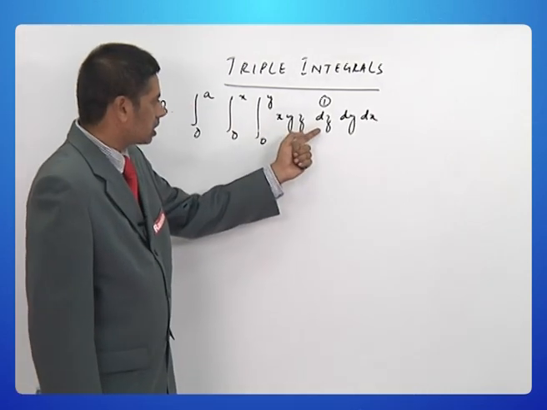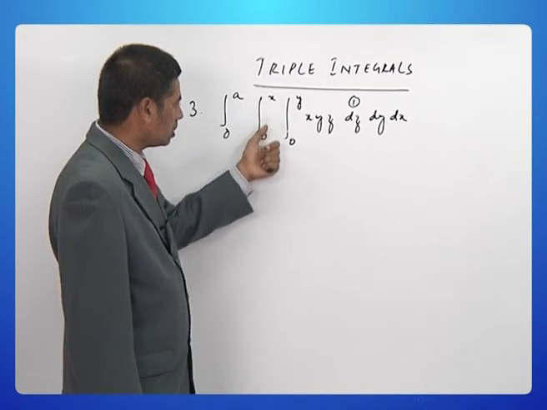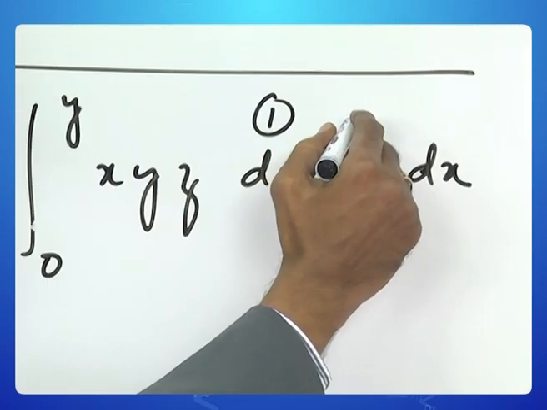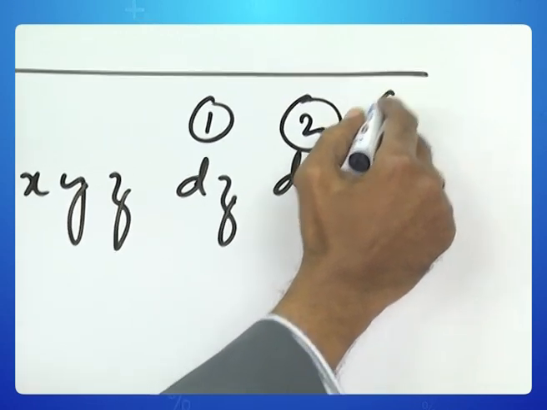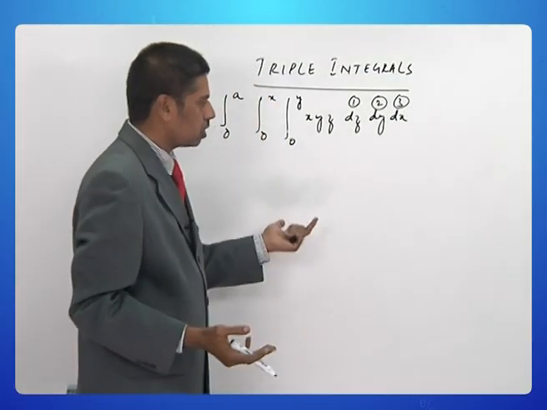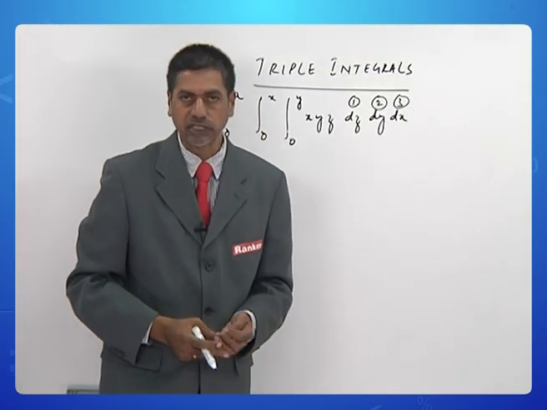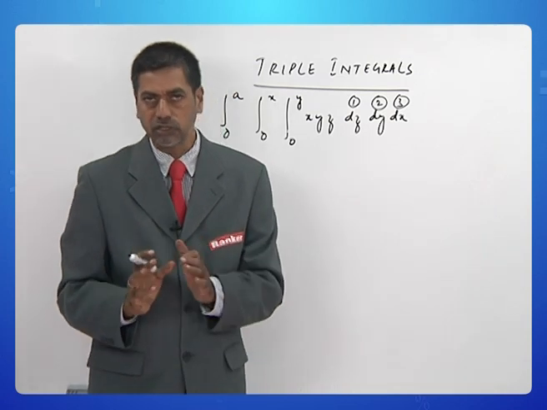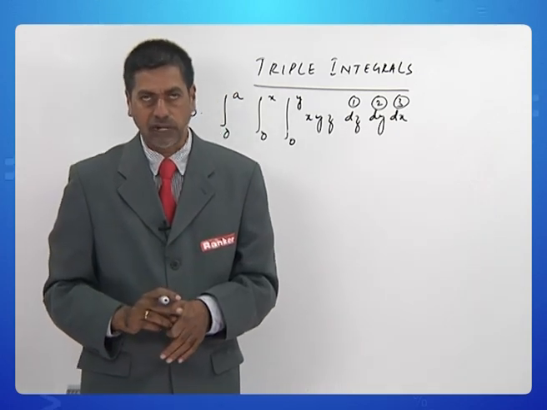Now, once dz is cleared, he will find functions of x here. Therefore, dy is the next order and obviously dx becomes the third order. So there is not much in this in terms of integration, but it is only the fixation of the order of integration which matters.